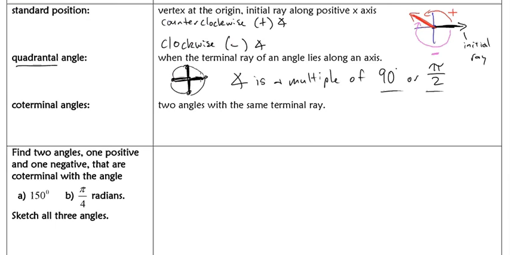All right, and last piece, coterminal angles. We actually have a good picture of it right here. Come look at this picture up here. It's when you have two angles with the same terminal ray. So for example, maybe that positive angle was at, let's say, 135 degrees.